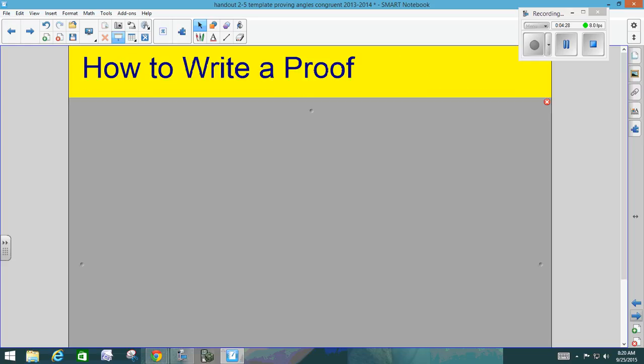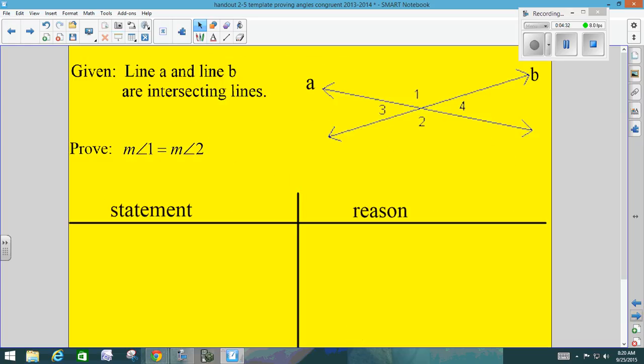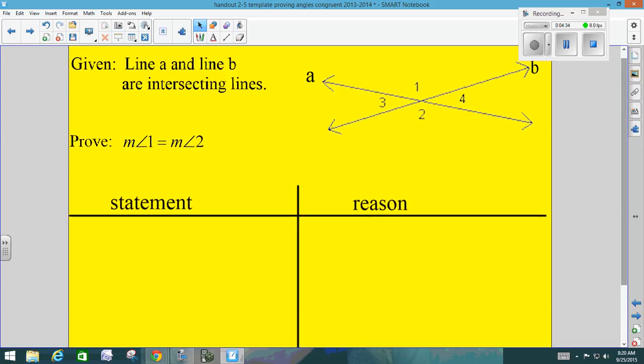We know what they start to look like. Okay. We should be here. Are you here? Given line A and B are intersecting lines, and we want to prove that angle 1 is equal to angle 2. All right? So copy down your given. Number your steps for me, please.